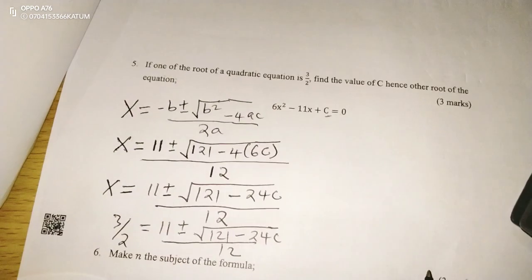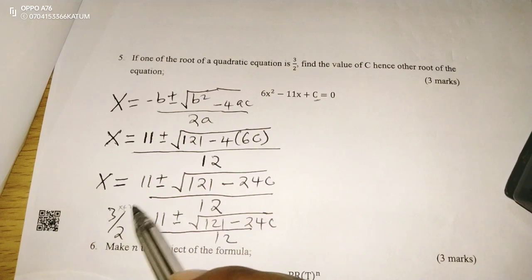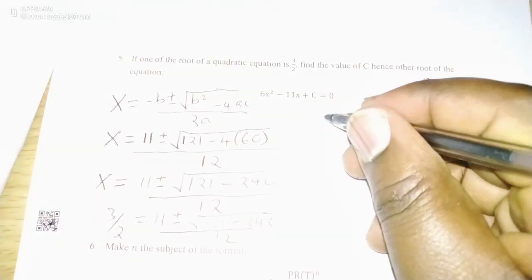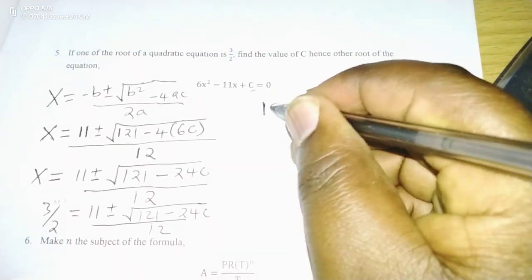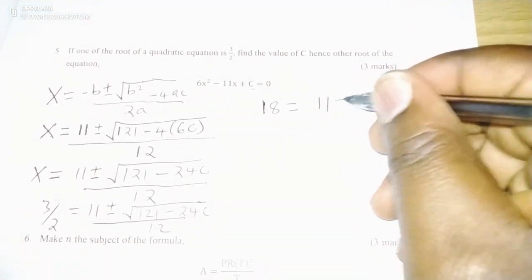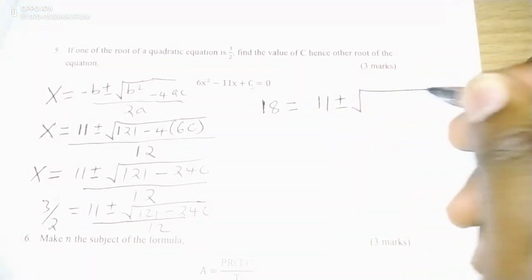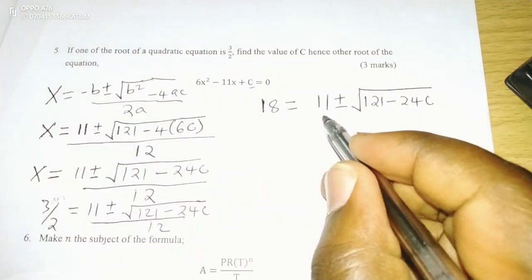So now we can multiply through by 12 on this side and by 12 on this side, so that we have 6 times 3, which is 18. So 18 is equal to 11 plus or minus the square root of 121 minus 24c.